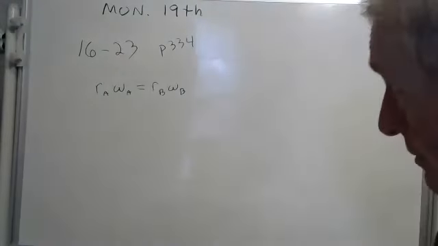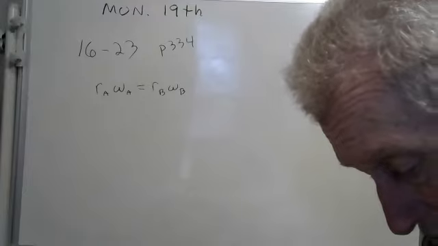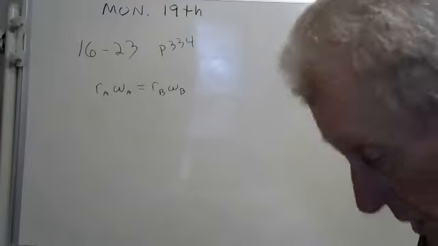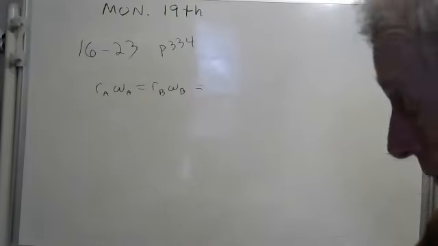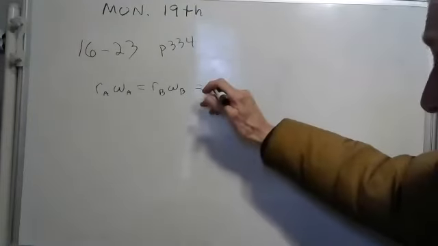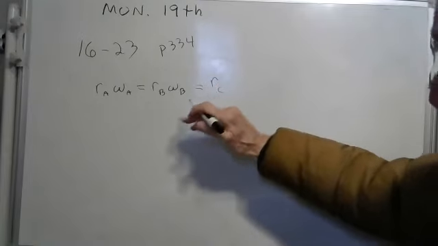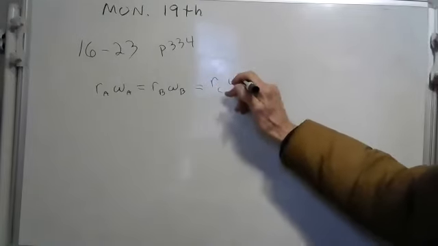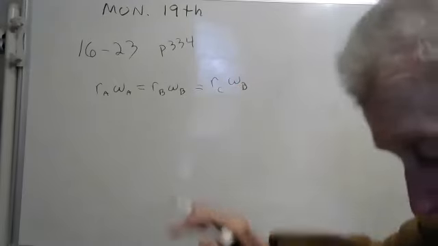Now, it turns out that gear C is turning at the same speed as gear B. So you could use the radius of gear C, but you get to use that same angular velocity of B because those are the same.